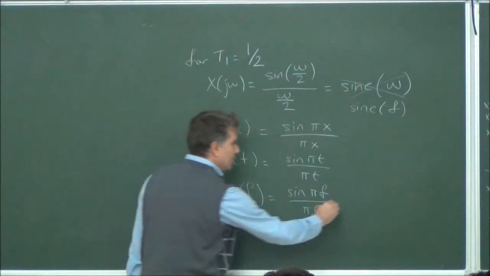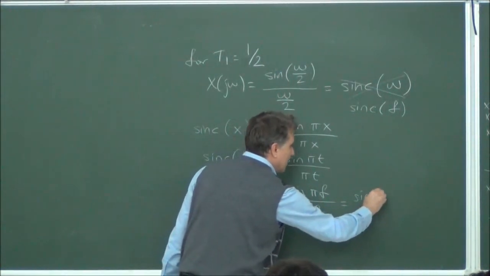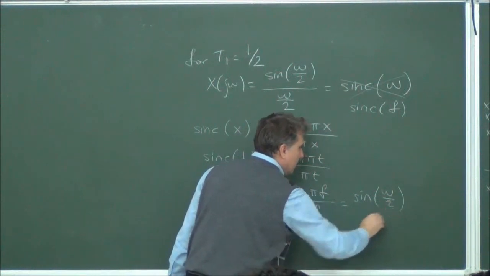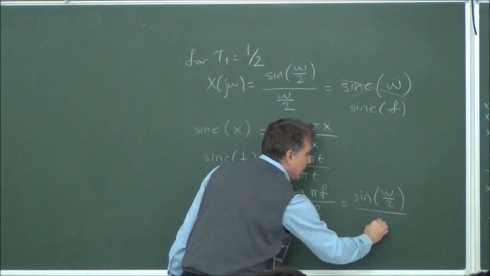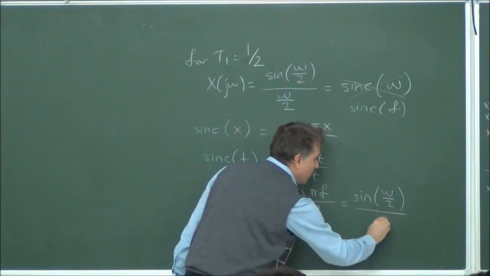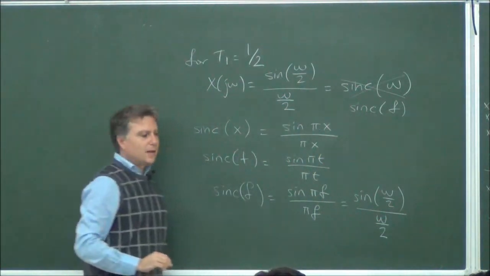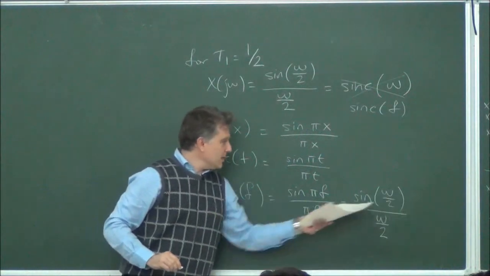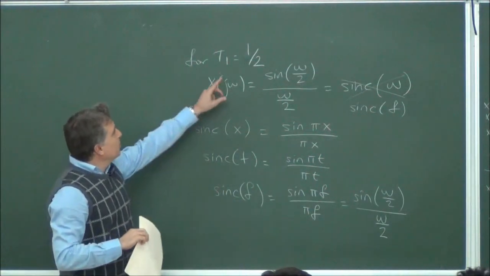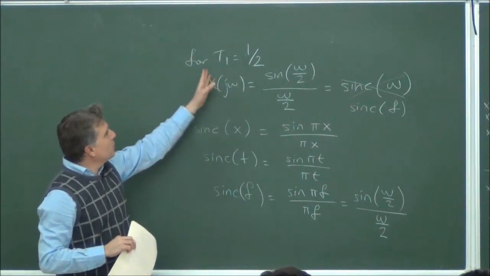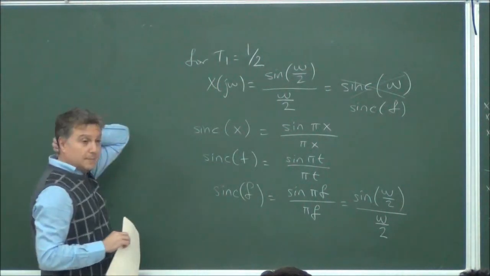Okay? So this is sine omega over 2 divided by omega over 2. Because, as I say, omega is equal to 2 pi times f. That's why I deliberately put a t1 equals 1 over 2 for this thing.